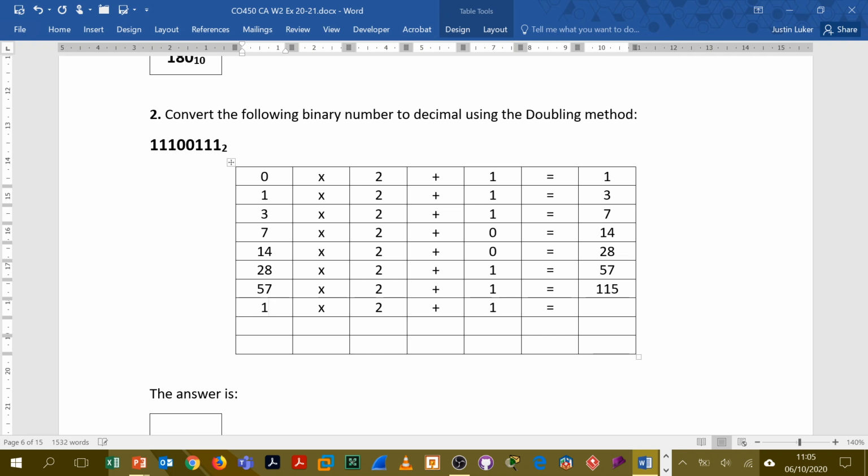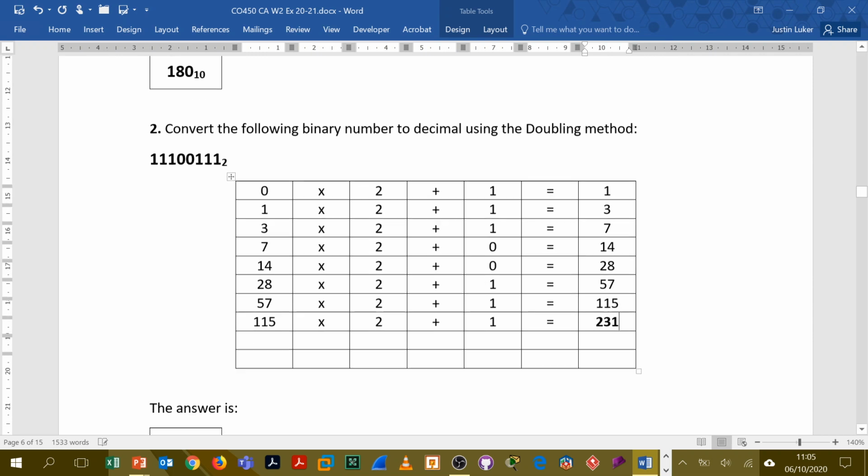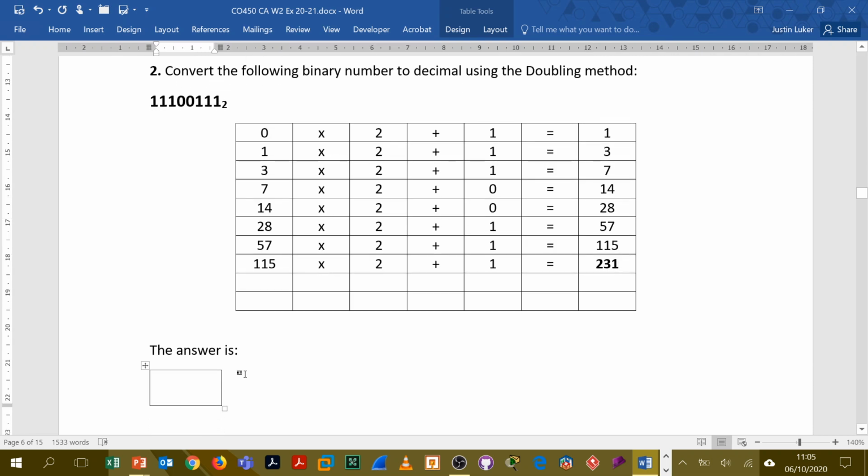So 115 times by 2 gives 230, so 231. So 231 is our conversion there, using the doubling method.